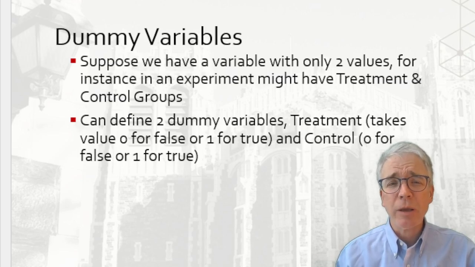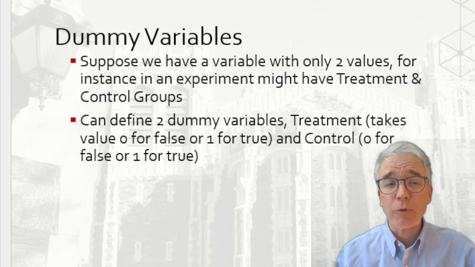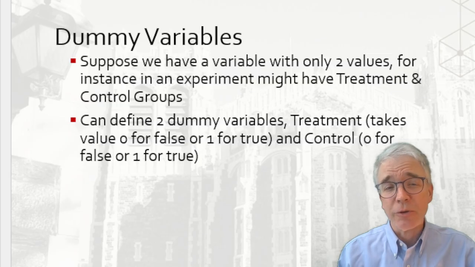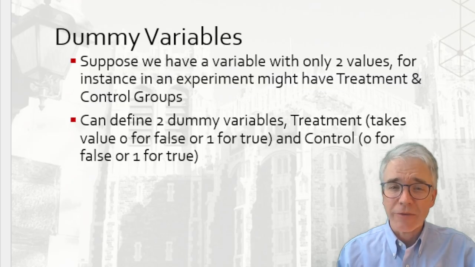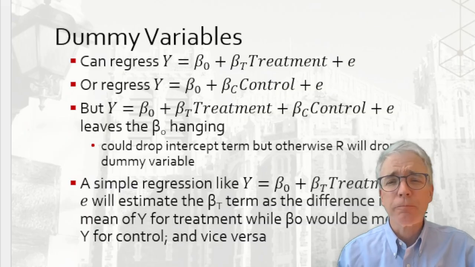So we define two dummy variables. One is a dummy variable treatment that takes the value 0 when that's false, and 1 if it's true. Another dummy variable, control, takes a value of 0 for false, 1 for true. So if you add these up for everybody, you get a list of ones.